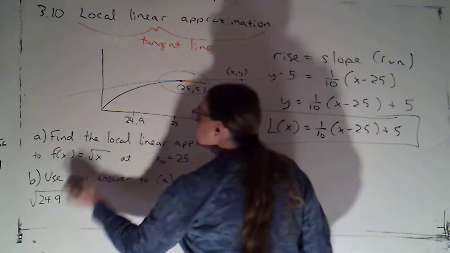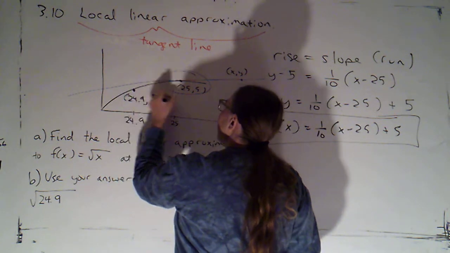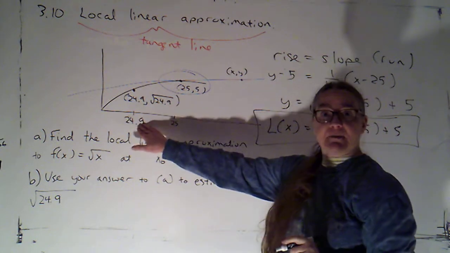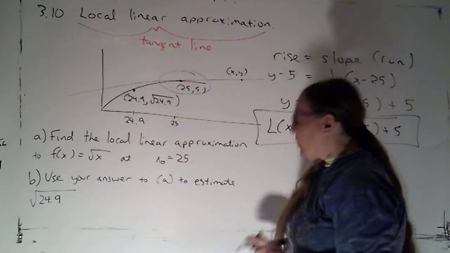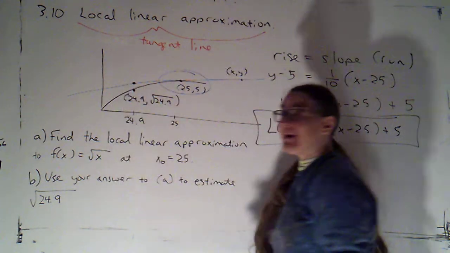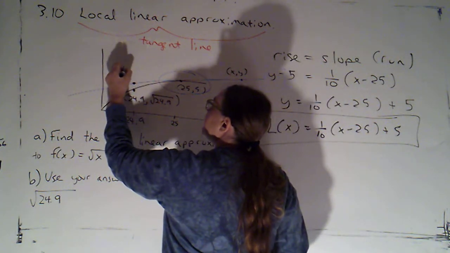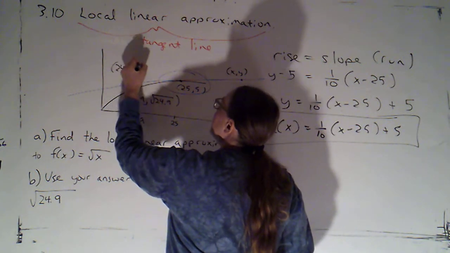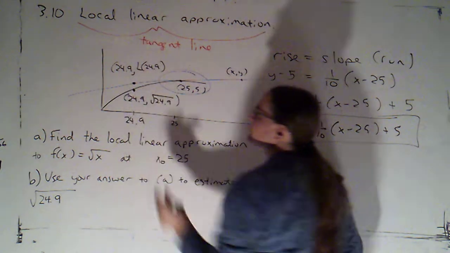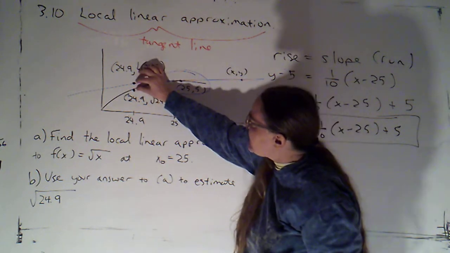Okay. So what's happening is the square root of 24.9, that's the y value on the curve at that particular point. We're going to say, oh, that's close to the point on the line. Okay. So here, this point would have the same x value, but the y value would be L of 24.9. We're going to calculate that because we're saying they're close.